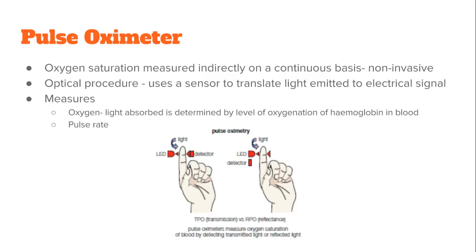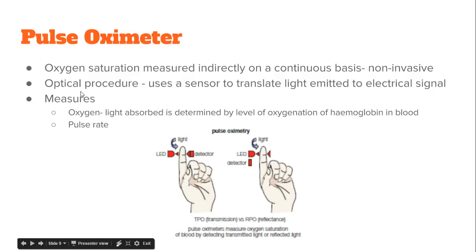If we compare that to the pulse oximeter, it is a non-invasive procedure and it measures indirectly on a continuous basis. You might know from being in hospital yourself or watching lots of movies, the placement of a device onto the finger, and this is in fact measuring the amount of oxygen in the blood.